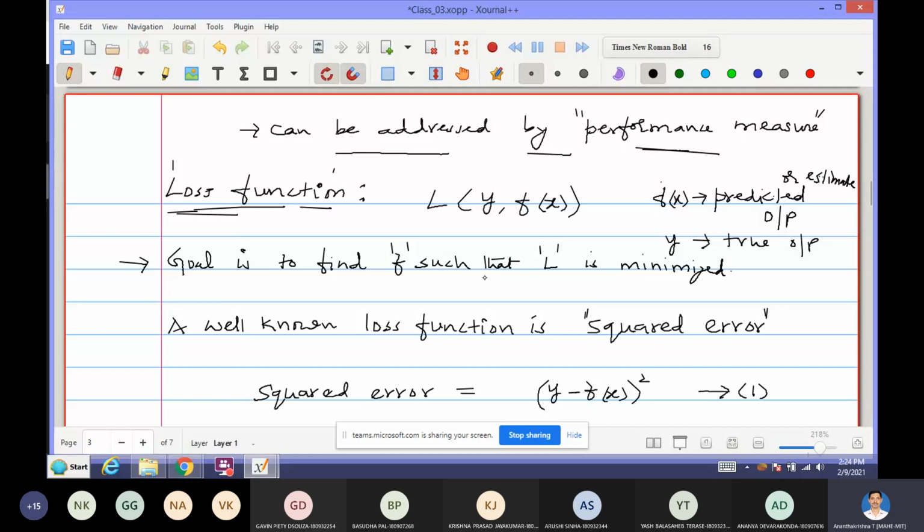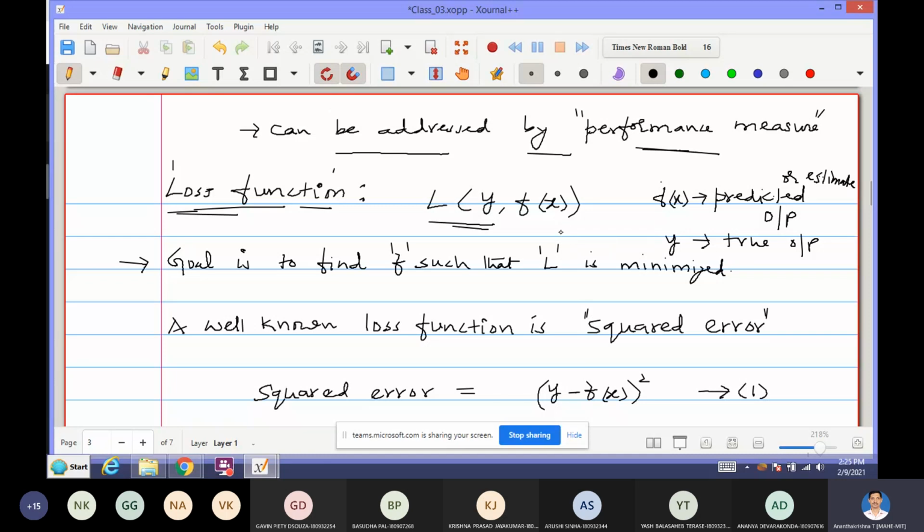So our objective is to come up with the mapping function such that L is minimized for all possible values of x, the input values.